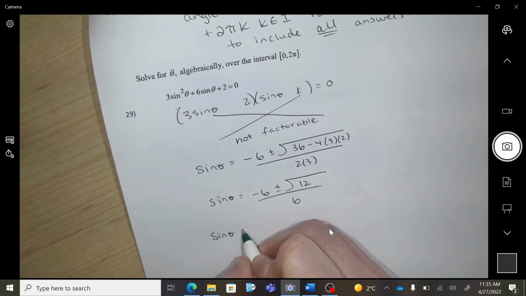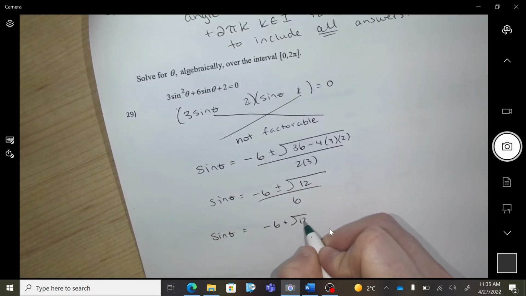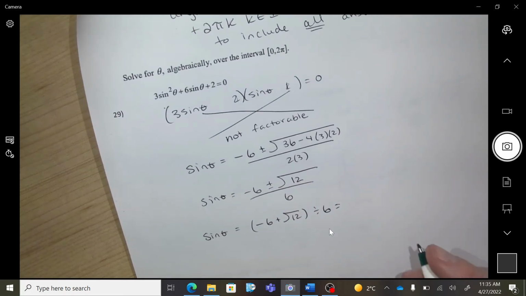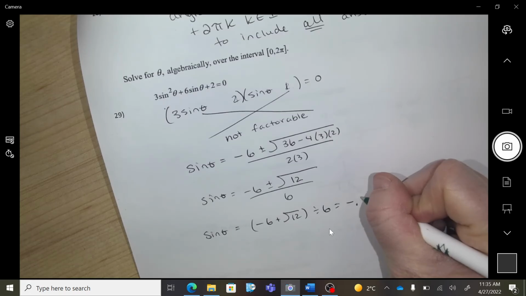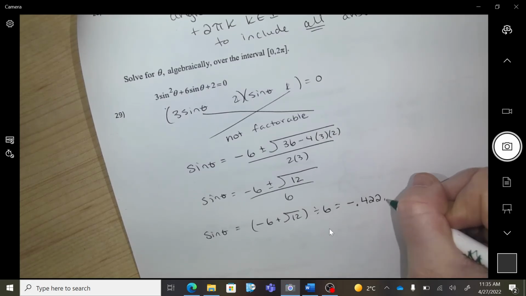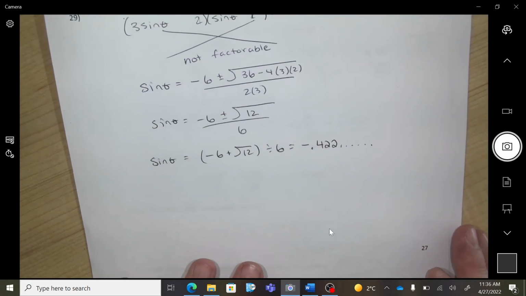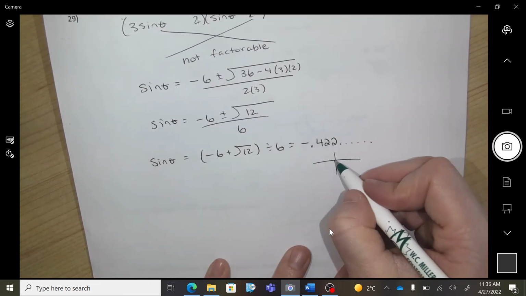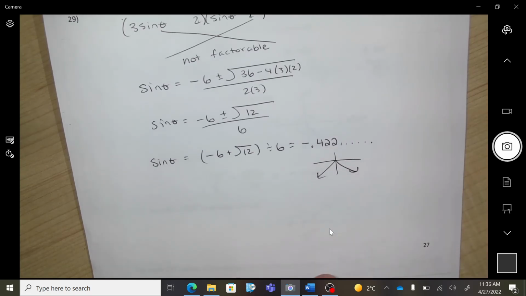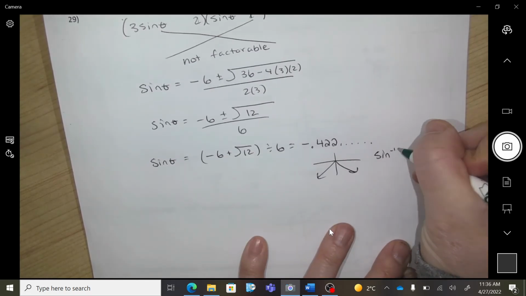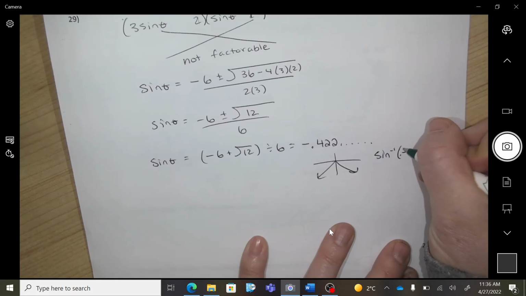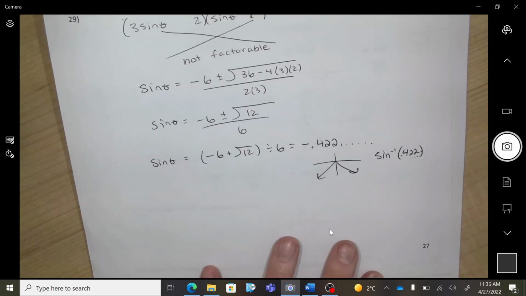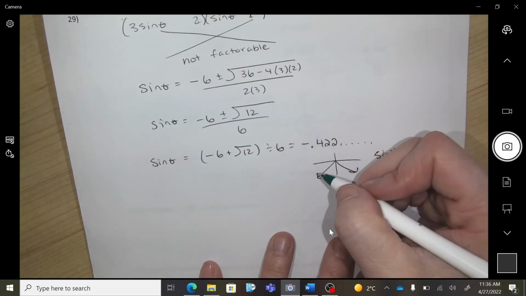So I'm going to get this square root piece, which is 12. Okay, so sine angle, in my calculator I'm going to be typing this. So that trig value is negative 0.422, etc. So now I'm going to draw the quadrants. I'm going to sine inverse 0.422, etc. Okay, keeping on my calculator the whole time.